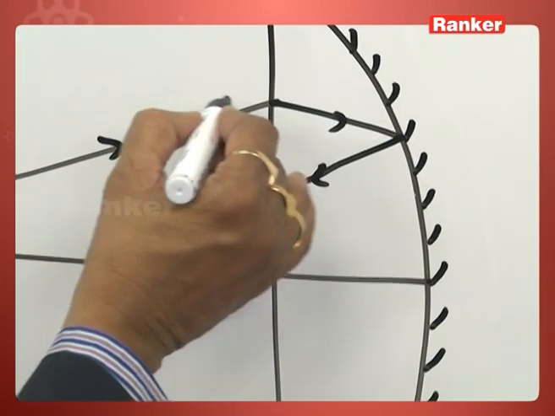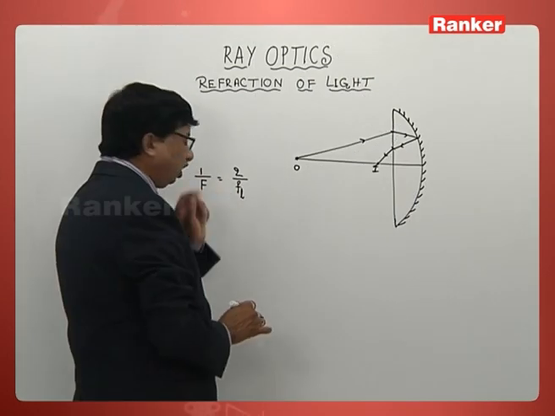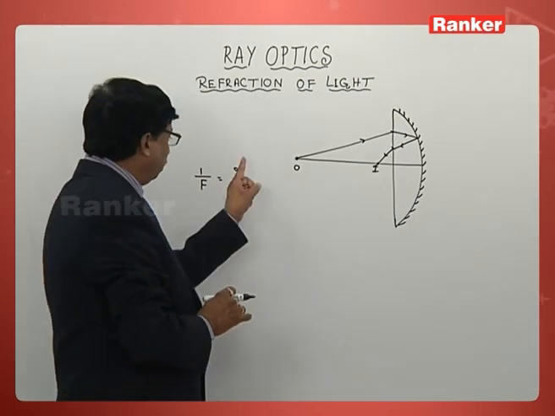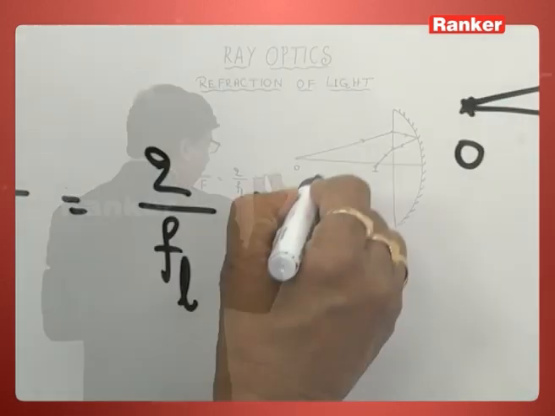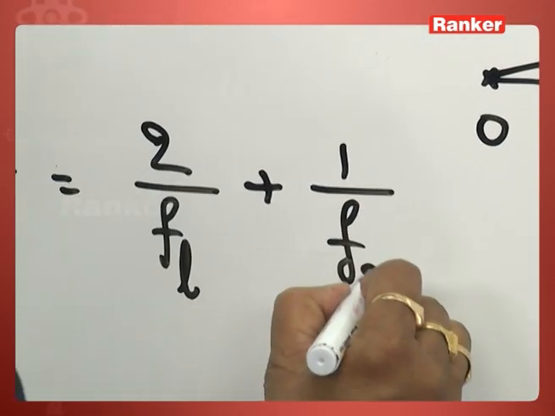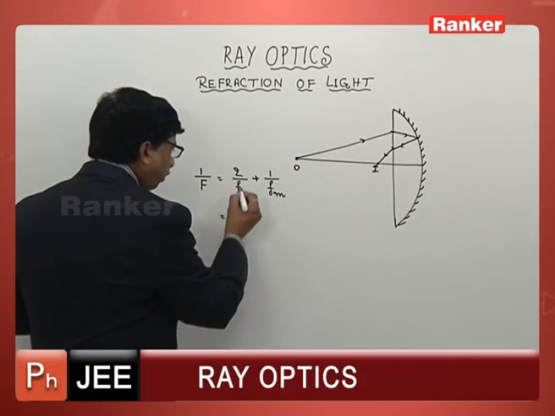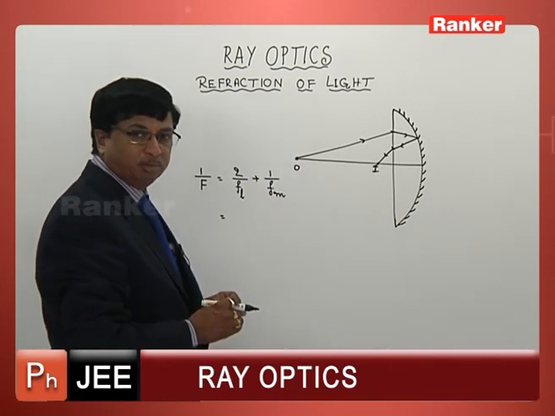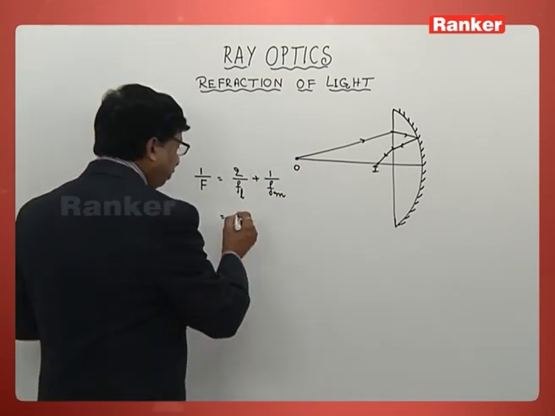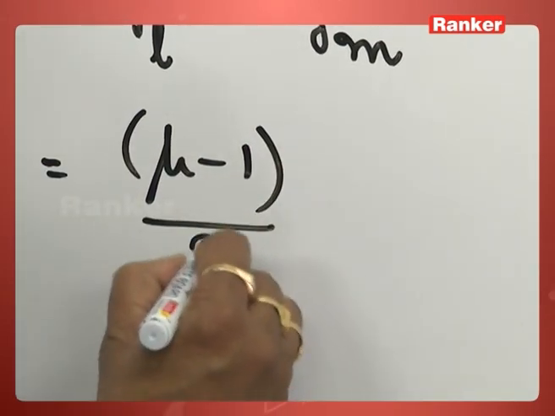Once it is refracting here, once it is again refracting here. So 2 times we have to take that value: 2 by focal length of the lens plus 1 by focal length of the mirror. But all of you know very well, 1 by focal length of a plano-convex lens is going to be (mu minus 1) by r.